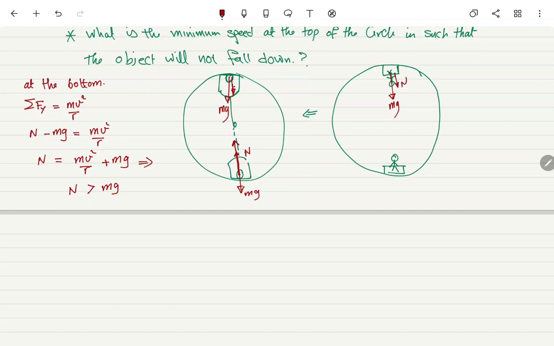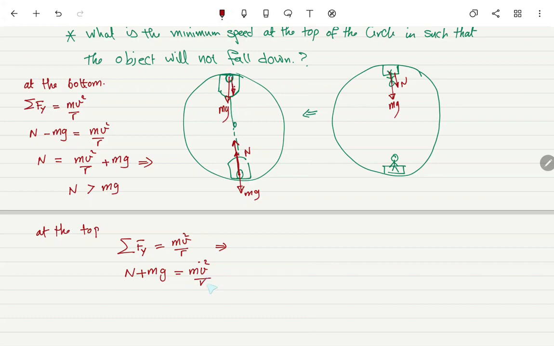Sum of all forces at the top: the sum of all forces on y equals mv square over r. Both in this situation and in this situation, in both cases, the normal force plus mg equals mv square over r, both directed to the center with the acceleration.